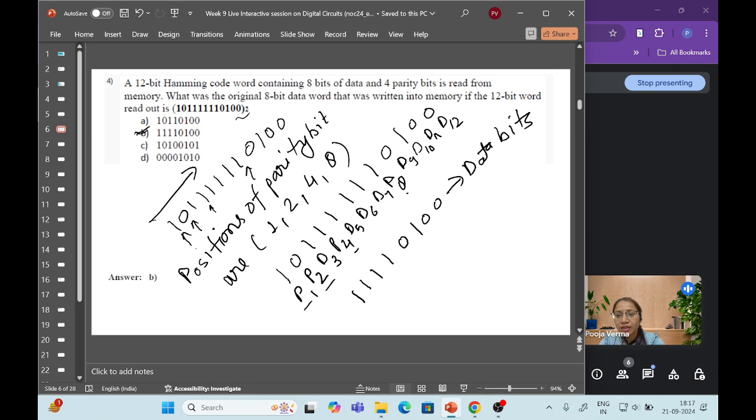But if the question specifies from the other side, you can take it that way. Many questions have been written from this side, so if it is specified, it is okay. Otherwise, most of the time we will take from this side only.